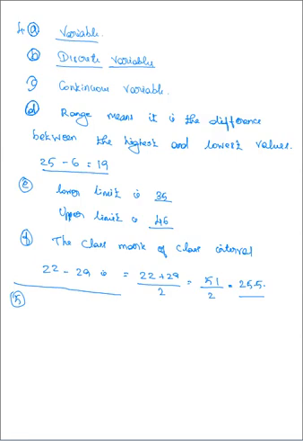If we want to find the actual lower and upper class limits, we need to first find the adjustment factor. That adjustment factor should be subtracted from the lower limit and added to the upper limit. Then we'll get the actual upper limit and lower limit.